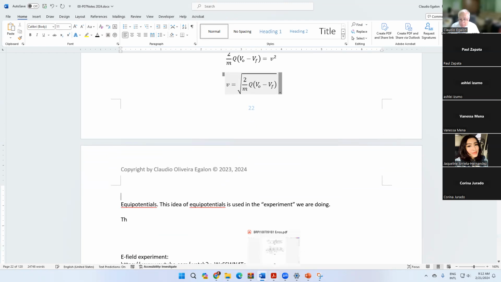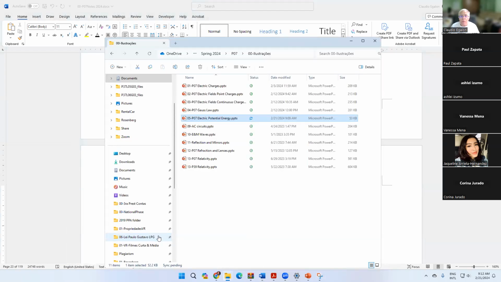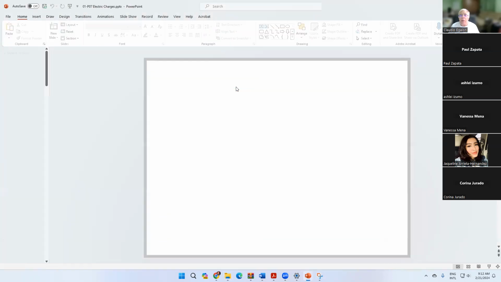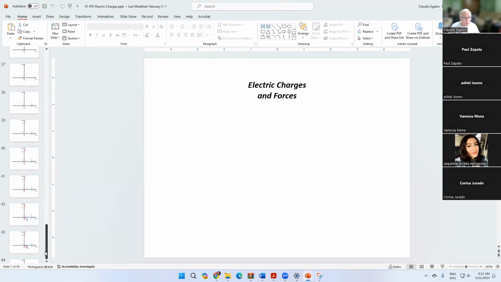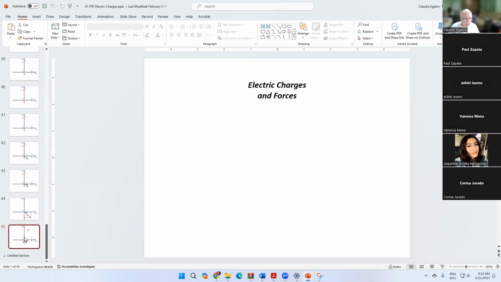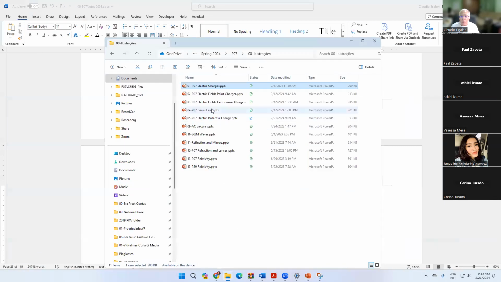Let's see if I get a better illustration. This one here. Interesting. Oh, yes, must be here. Let's see if I can get a good one. No, not this one. Maybe this one here.